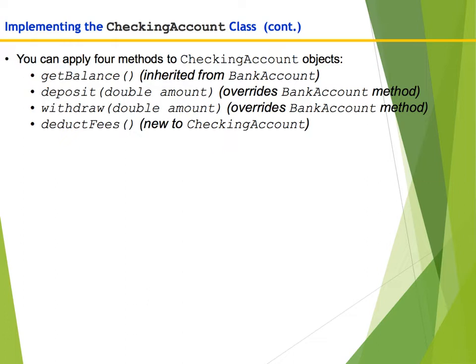Therefore, you can use it. You can apply the withdraw method to a checking account object because again, it overrides the bank account method. And also you can apply deduct fees to a checking account object because it is a new method defined in checking account. So you can call this method too.